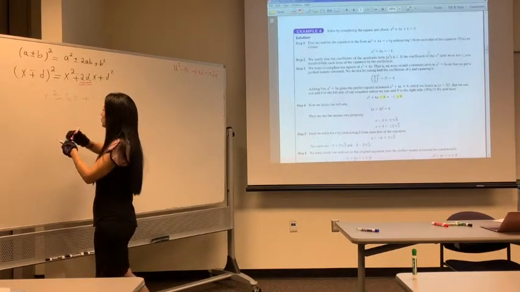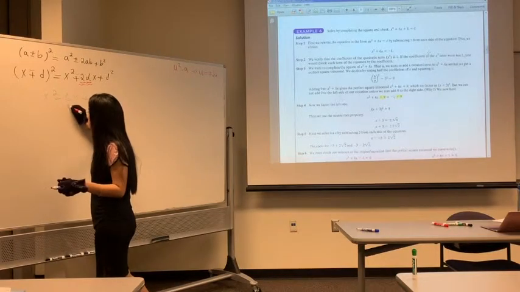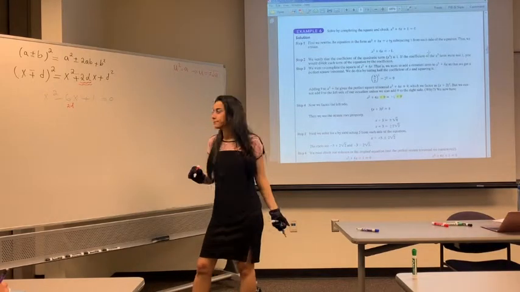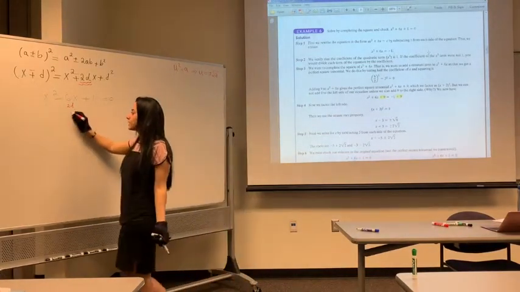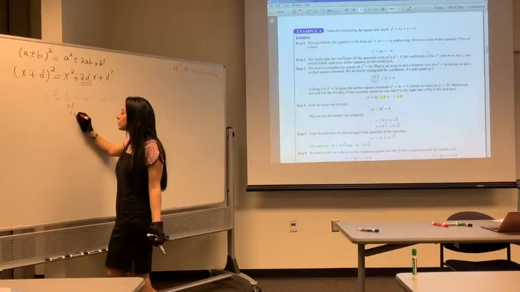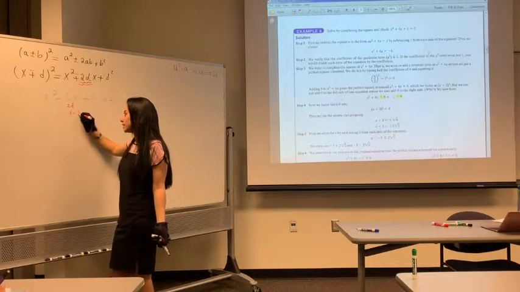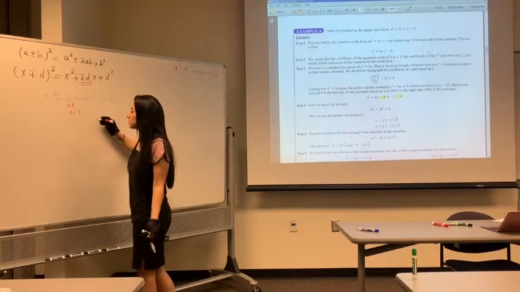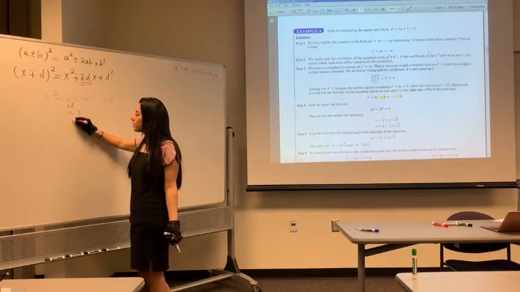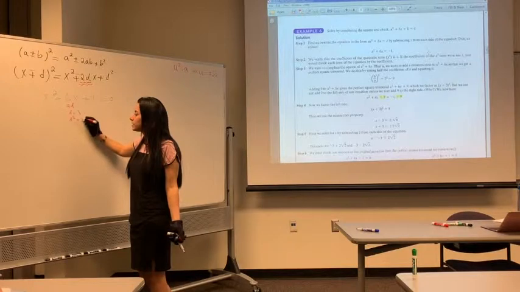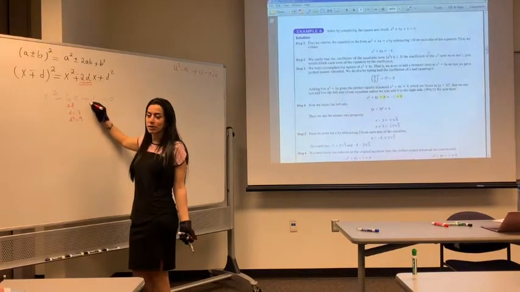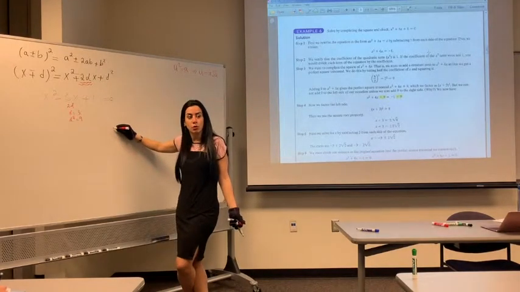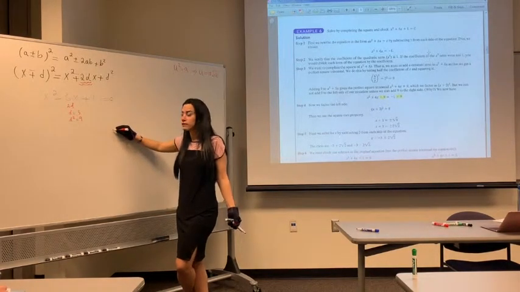This one should be 2d, right? If 6 is 2d, d is equal to 3. If d is equal to 3, d squared is 9. So we should have 9 here, but we don't have. So what do we do? We add 9 to both sides, correct?